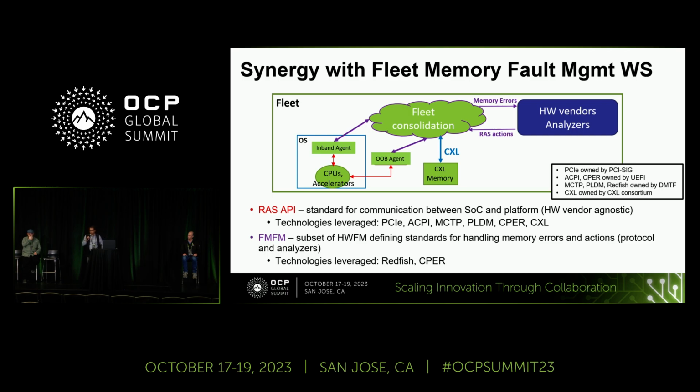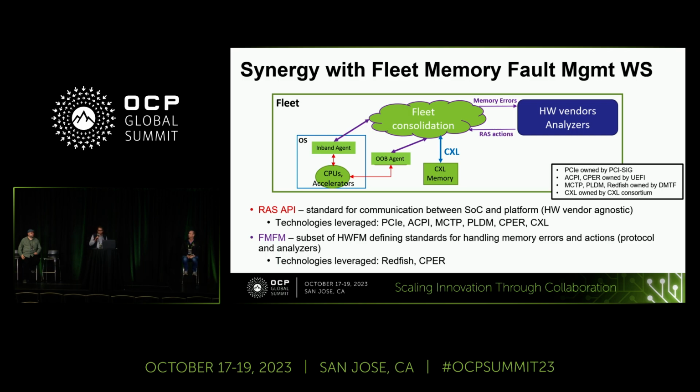Memory errors are sorted out, filtered, and they go to hardware vendor analyzers, which are again being defined under the FMFM workstream. And whatever RAS actions are generated from there, based on the analyzer output, CSP or fleet operator policies, and tolerance to errors, they are fed back to the SoC via, again, an out-of-band or in-band agent, whatever the implementation might be.